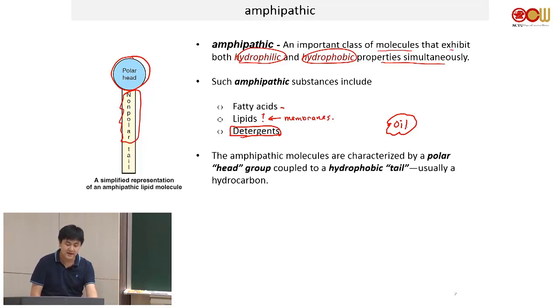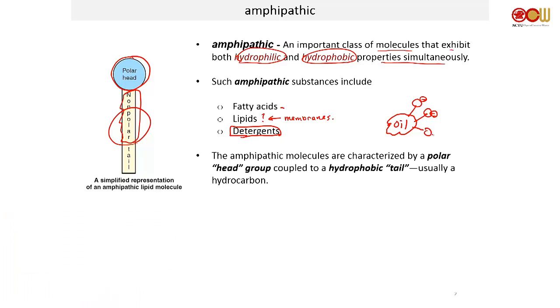And we know that amphipathic molecules will have a nonpolar characteristic. So you got nonpolar, and then on the top you got something polar, right? So then you can imagine you would have a layer of organics that surround the oil, and then on the outside you got all these hydrophilic functional groups that will attract water. Okay, so detergent, that's how it works.